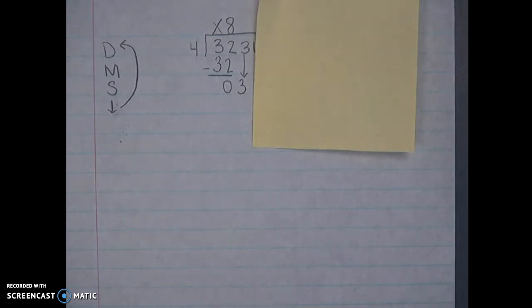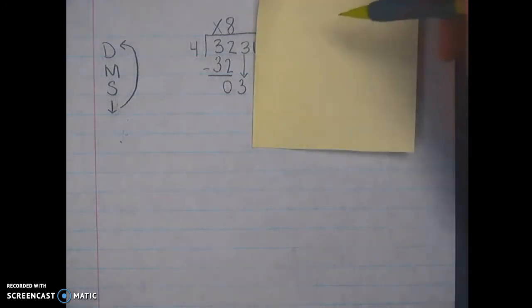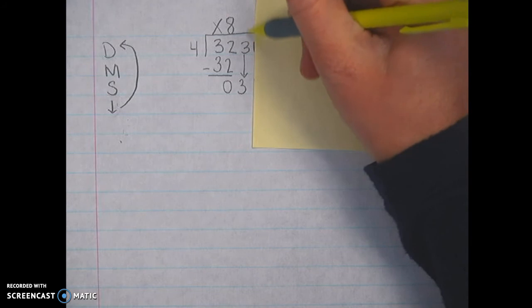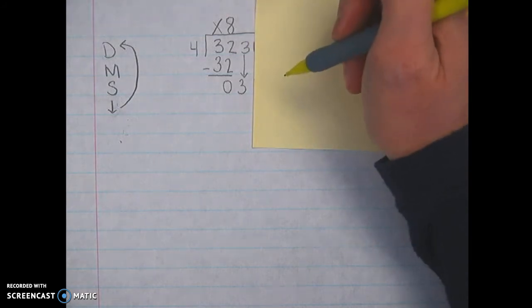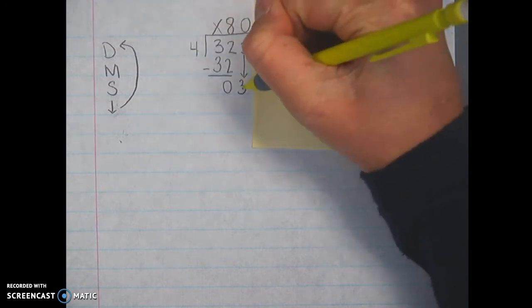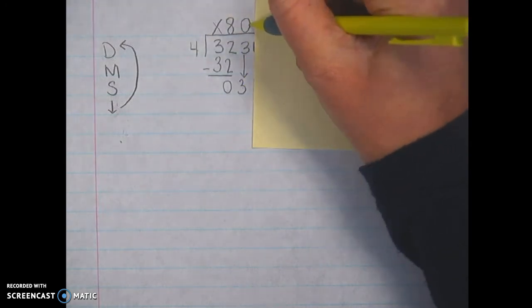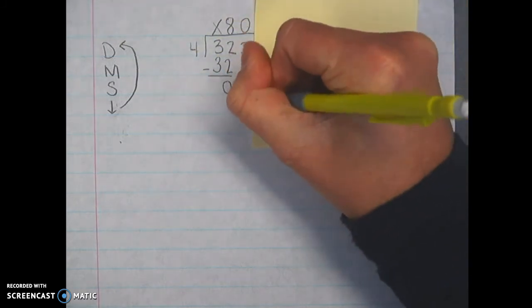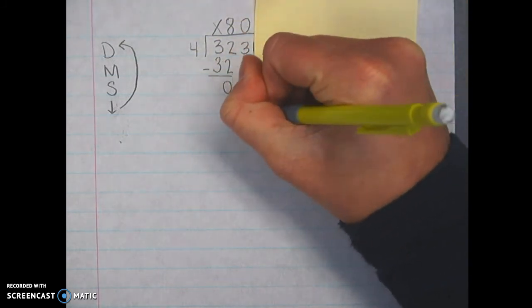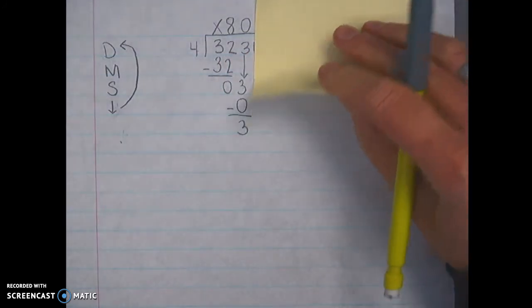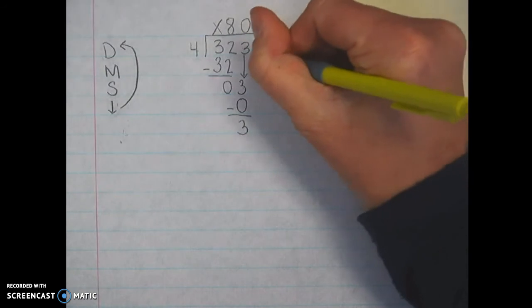Well, that's not going to work in this case, but because I say no, I still have to have a number to represent that tens place. And that number will be 0 because 4 goes into 3 0 times. And 0 times 4 is 0. And then I can subtract.